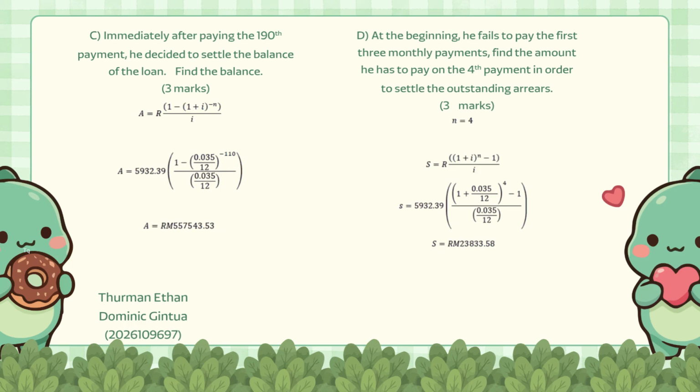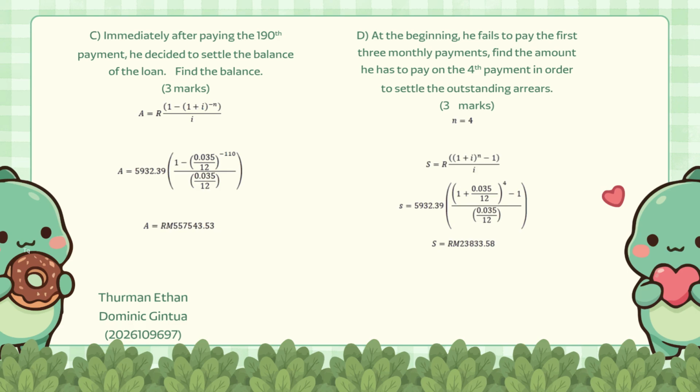Moving on to question C. The borrower wants to fully settle the loan right after making the 119th payment. To find the remaining balance, we use the present value formula for annuity. We plug in our monthly payment of 5,932 ringgit and 39 cents, the monthly interest rate of 0.035 over 12, and the remaining 181 payments.